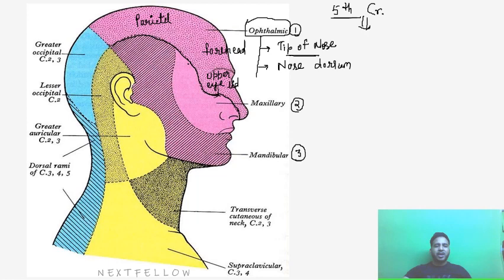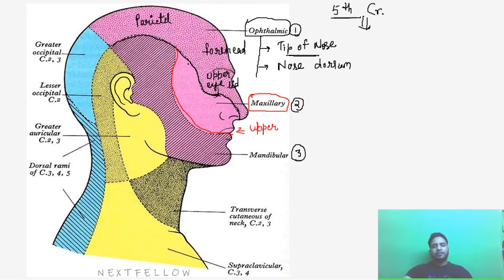Then comes the maxillary division, which is the second branch of the trigeminal nerve. So for the maxilla, let's draw a line from the angle of mouth, including the upper lip. Draw a line which goes like this. So look at this diagram. Maxilla is supplying what?